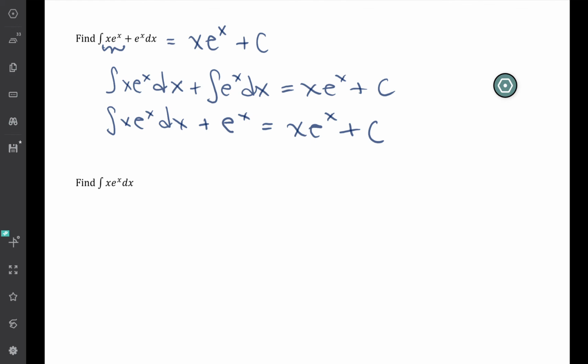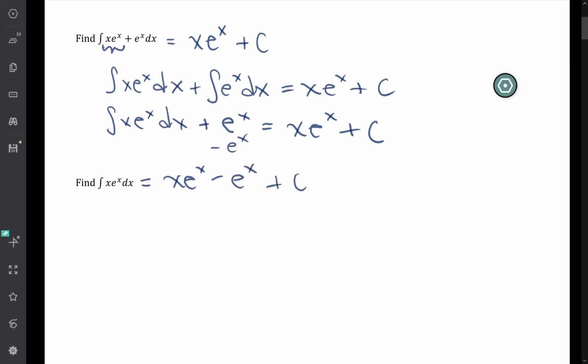You can still get absolutely anything from that. So all I really need to do here is subtract, and I can say that the integral of x e to the x is equal to x e to the x minus e to the x plus c. This is just subtracting e to the x from both sides and solving for this integral.